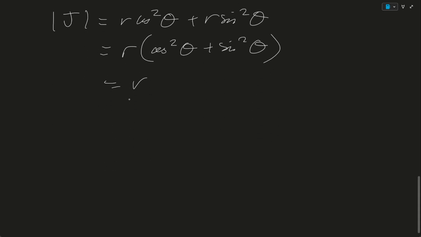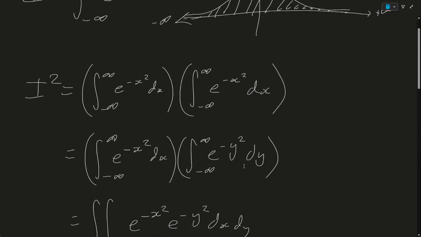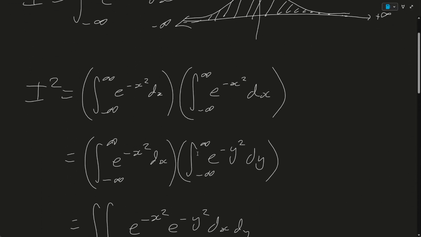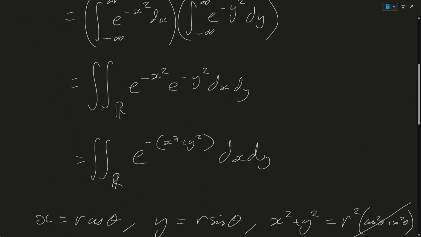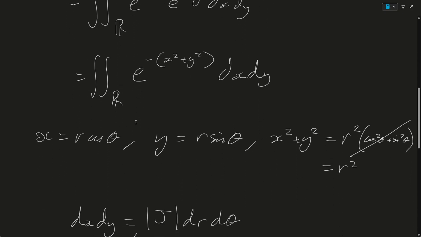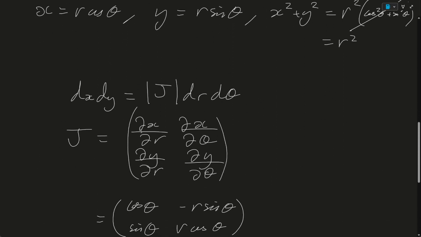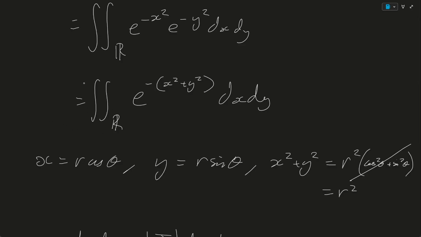So we have a useful differential area element transform, which is that dx dy then becomes r dr d theta. Anyone who studied polar coordinates in school will see that. So we can do things with our I squared now, which is this. That is still I squared.